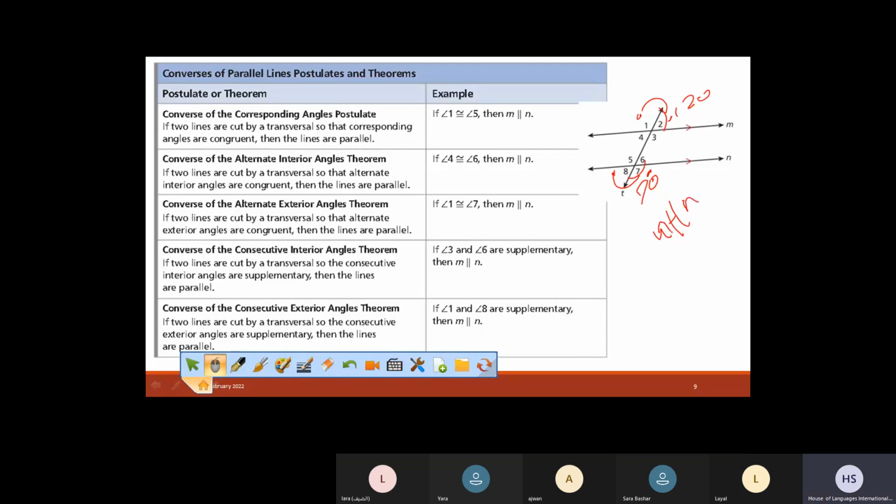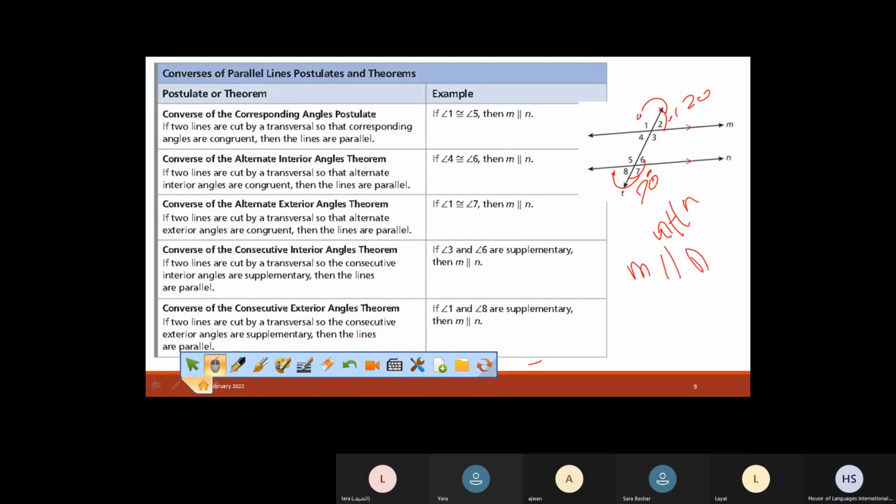She told us that if both of them are exterior and they are consecutive, consecutive exterior means they are supplementary. When you add them, you get 180. If this happens, that means M is parallel to N.